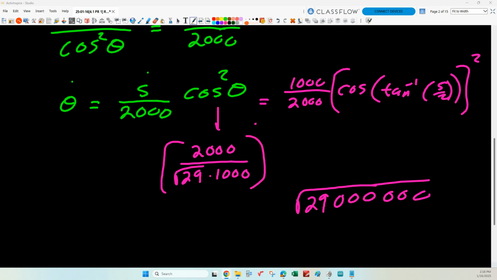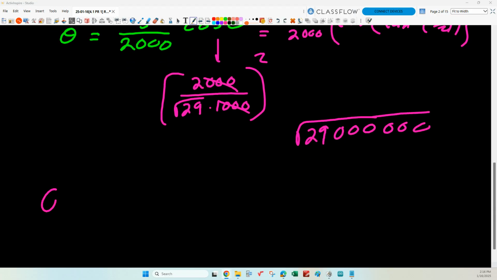That's cosine theta, and then I just have to square that. Those cancel, so I get 2 over the square root of 29, squared. Isn't that just 4 over 29?